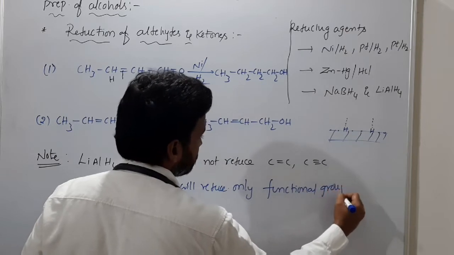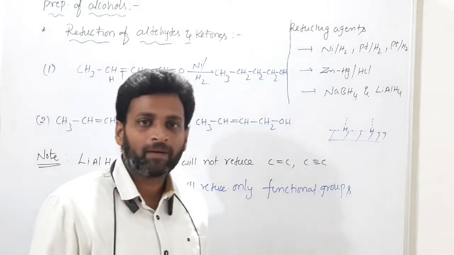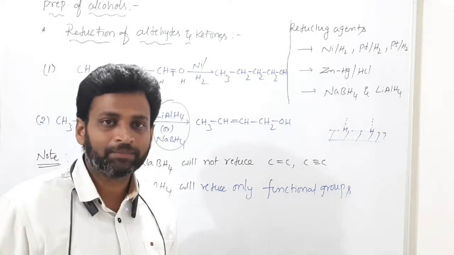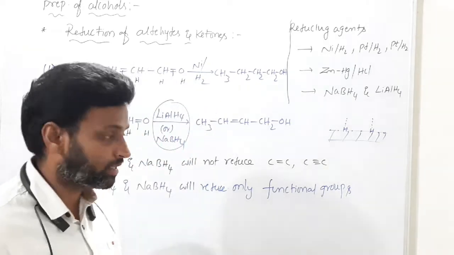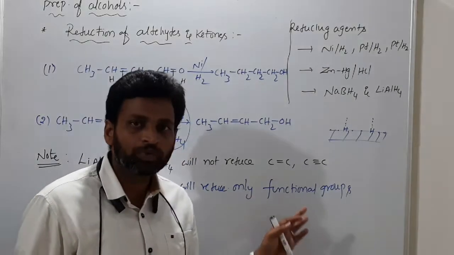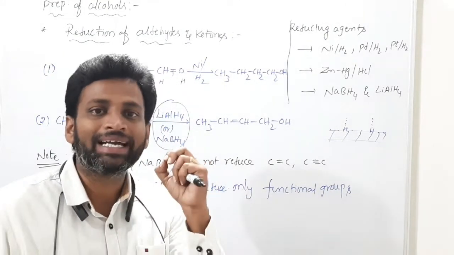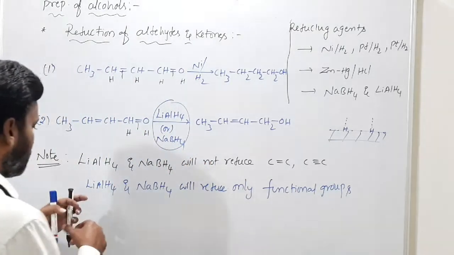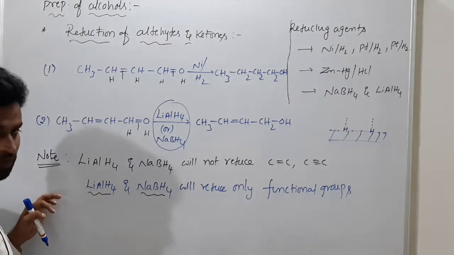Functional groups like aldehydes, ketones, carboxylic acids, like that. They will reduce C double bond O, NH2, like that. So only functional groups which have unsaturation get reduced if you use LiAlH4 and NaBH4.